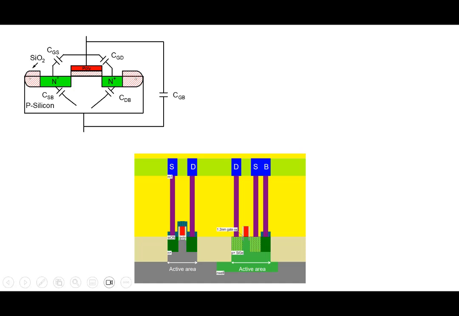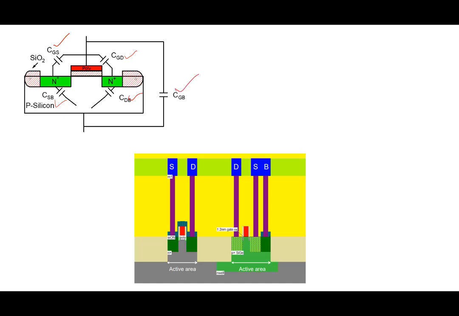So look at this particular picture, the capacitors that are there in a MOSFET, all possibilities are shown here. There's a gate to source capacitance, a gate to drain capacitance, drain to body, source to body. And you could also talk about between gate and body, so that also is shown here.